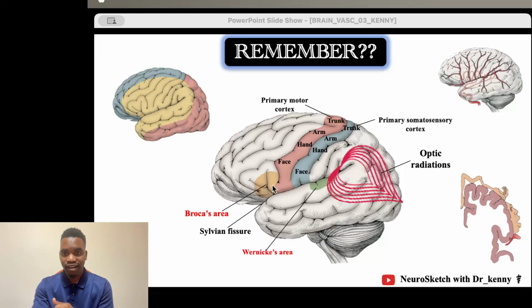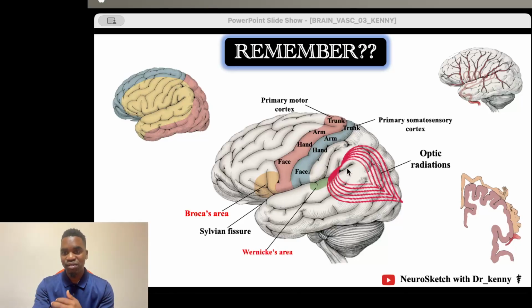We know we have Broca's area somewhere around here, and remember, here is above the Sylvian fissure, which means it is in the frontal lobe. So Broca's area is in the frontal lobe, and we have Wernicke's area on the superior temporal gyrus, which is just below the Sylvian fissure.